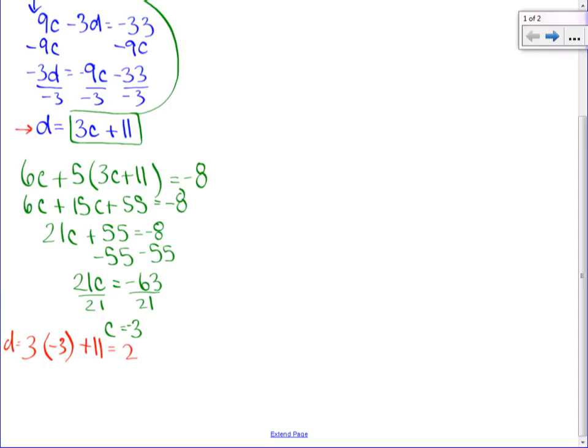Okay, now this isn't x and y, it's c and d, but you're just going to write it as a coordinate in alphabetical order. So we got -3, comma 2 for the answer. It's doable.